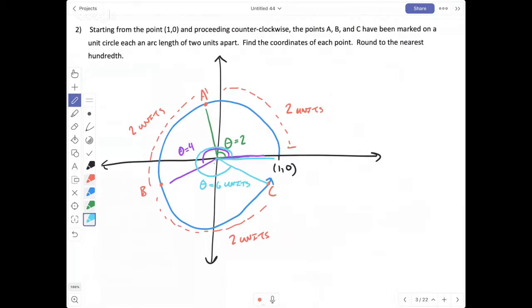The idea here is that you have to actually understand what the unit circle is and what a radian is.